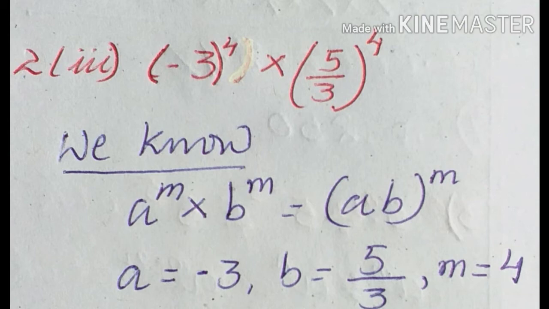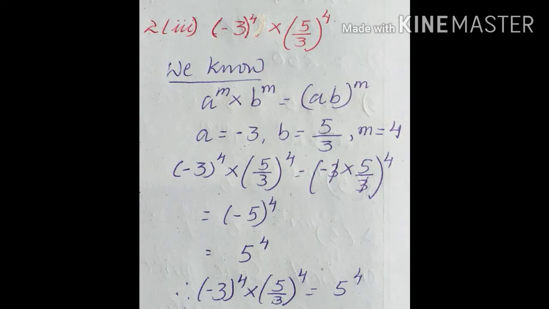Here a is minus 3, b is 5 by 3, and m equals 4. Now put the values: (-3) to the power 4 into (5 by 3) to the power 4 equals, a is minus 3 into b is 5 by 3, whole power 4.